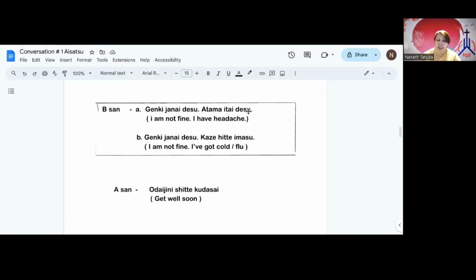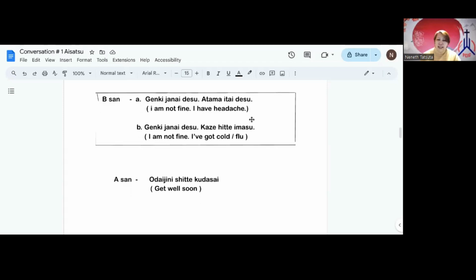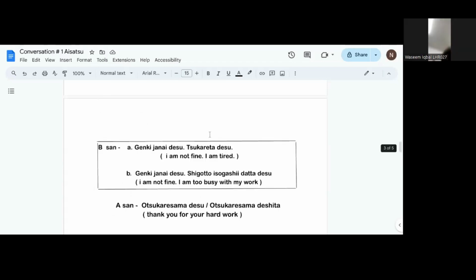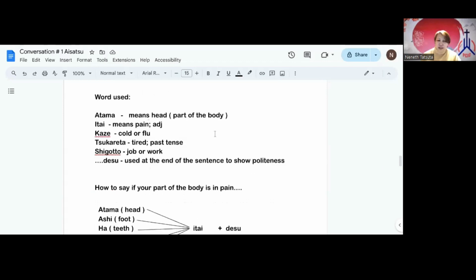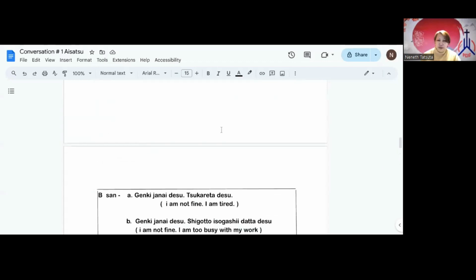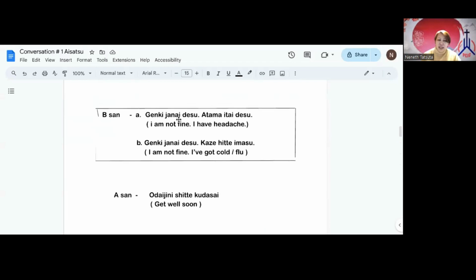Atama itai desu. Don't worry, I put all the other words here so you would know the meaning of this. So, genki janai desu means you are not fine. The negative of I am fine is genki janai desu. The word nai here means a negative. So I am not fine.